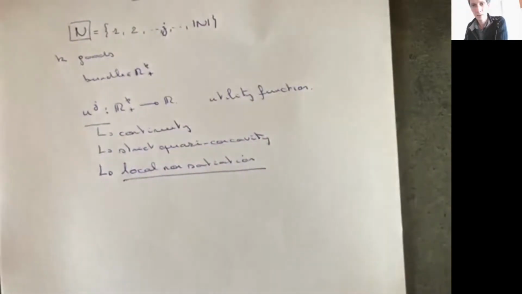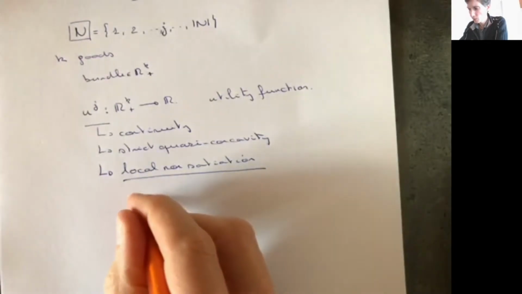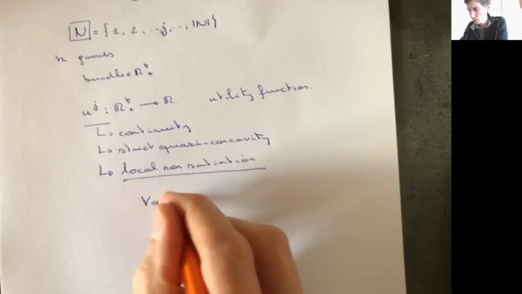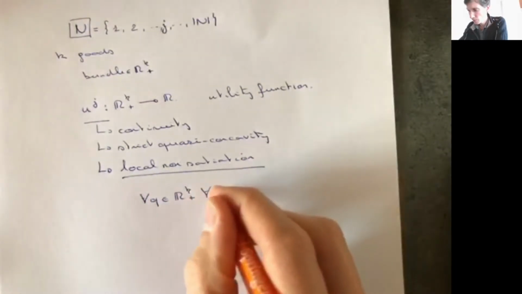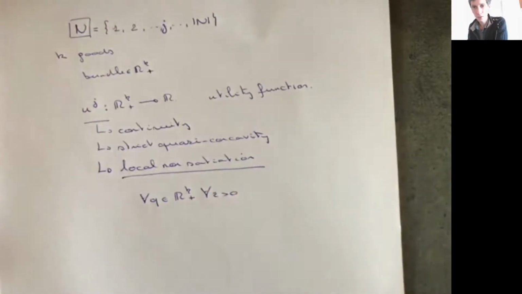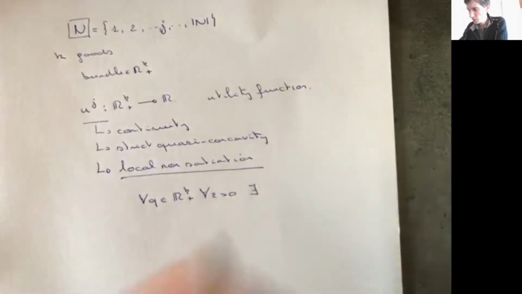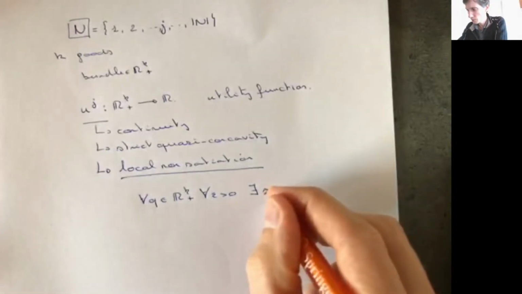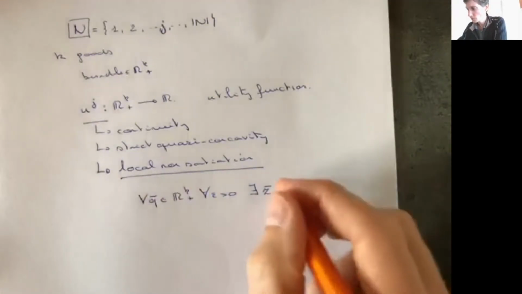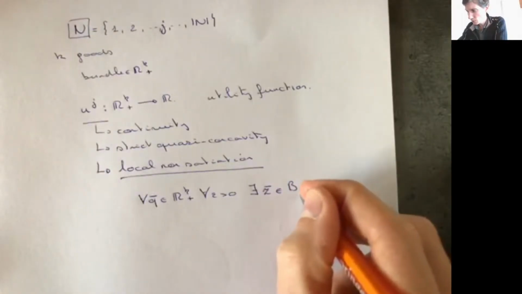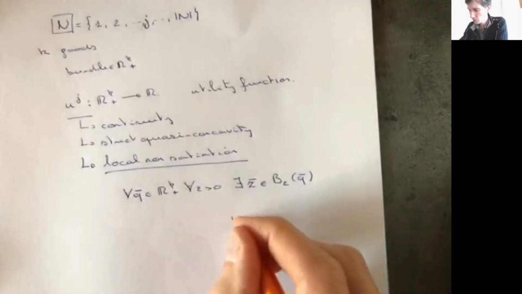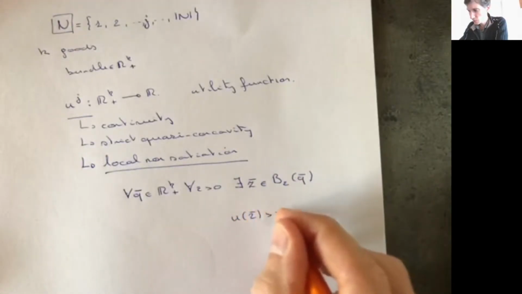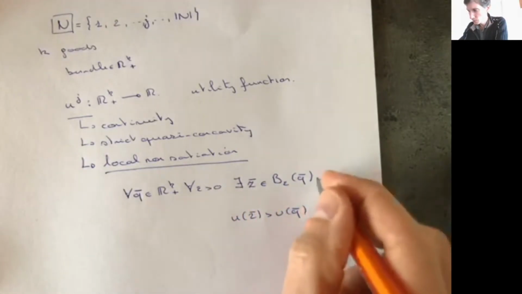When is a utility function locally non-satiated? Well, if for every bundle q in R^k_+ and for every epsilon bigger than 0, I can find another bundle, let me call it the bundle z, in the ball of radius epsilon around q, such that the utility at z is strictly bigger than the utility at q.